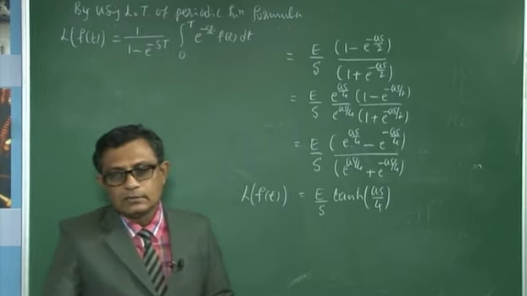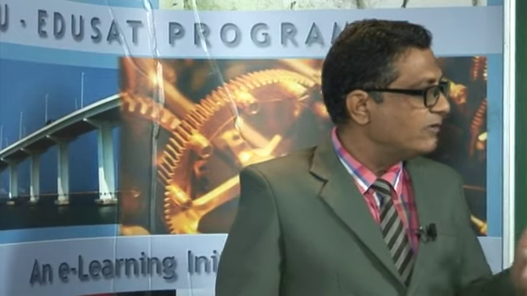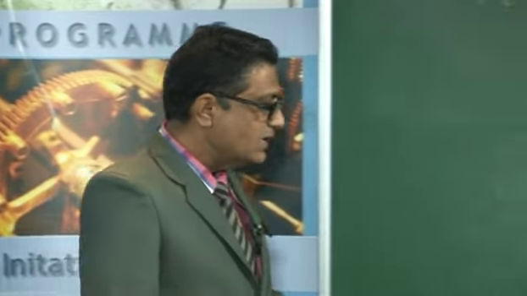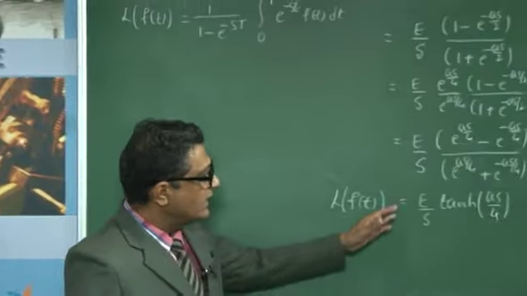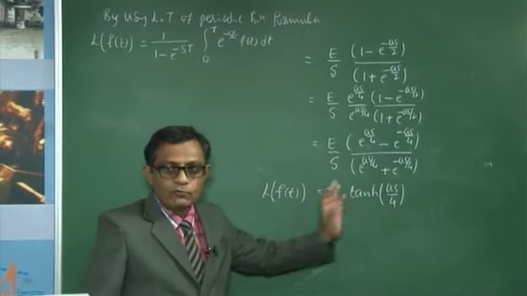Always the result should be in simple form, not so complicated, not so big also. Usually the result should be in the simplified form. To remember or to write, you have to write in the simplified. End result should be in the simple form. It is e by s tan h as by 4. This is the first example.